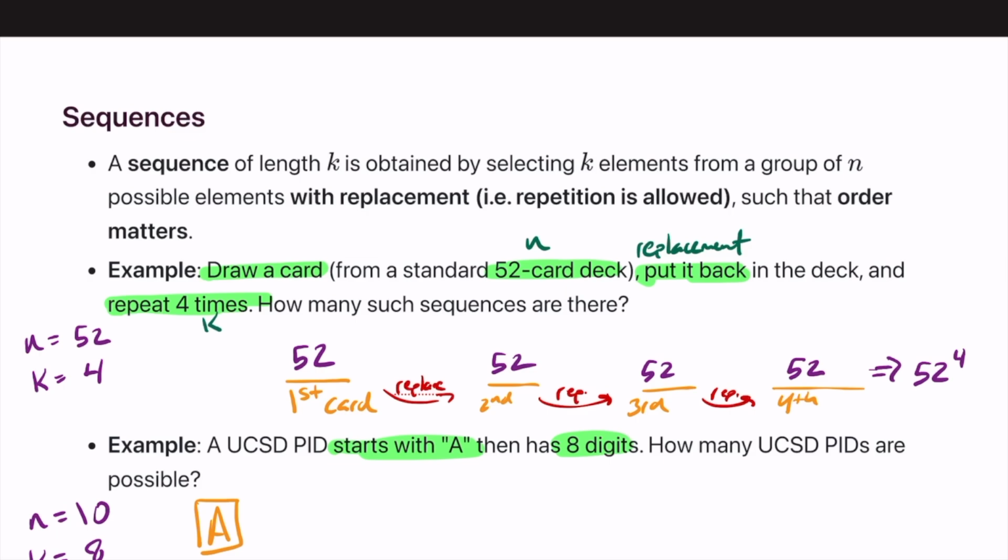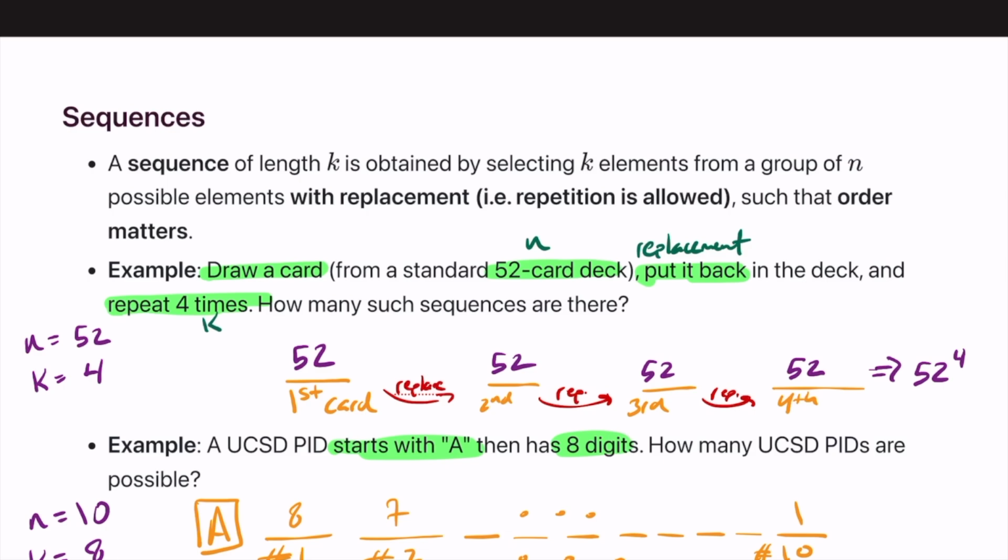And then we have our slots for number 1, and then number 2, and then 3, 4, 5, 6, 7, 8.